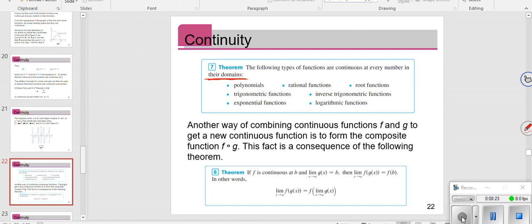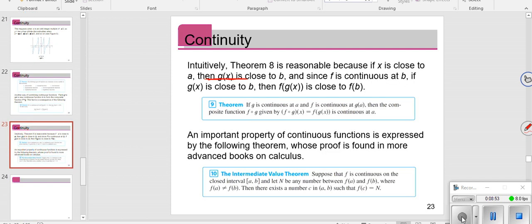If f is continuous at b and the limit of g of x as x approaches a equals b, then we can say the limit of f of g of x as x approaches a is f of b. I'm having a hard time reading that. So anyway, composition of functions also follows. Okay, that works. And the next slide, 23.